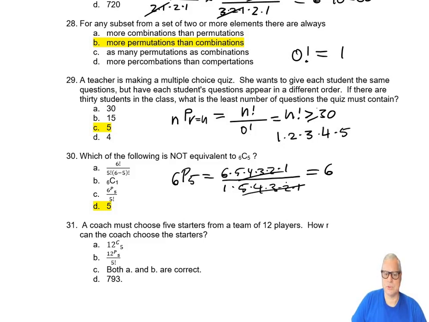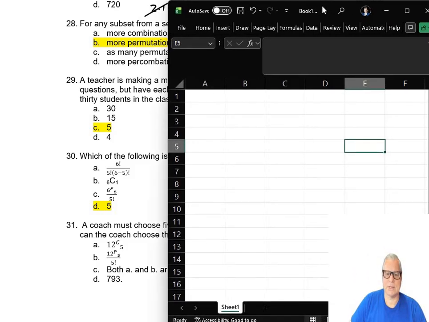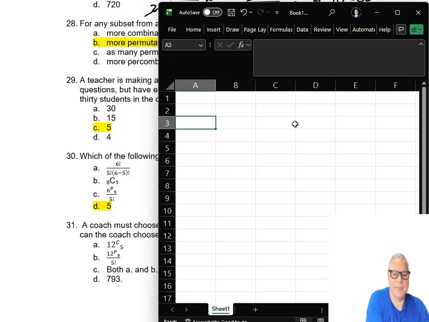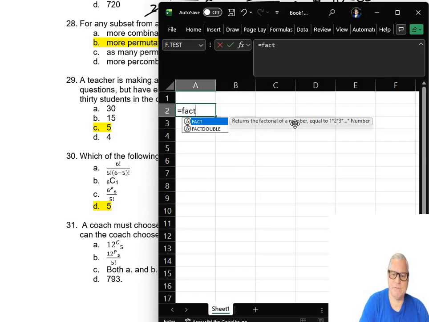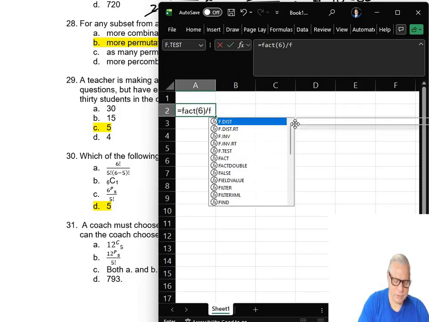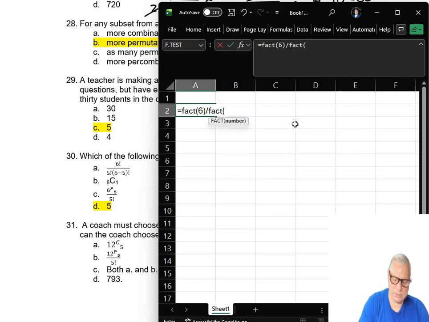Let me quickly do that in Excel too. Let's start with A. The good thing is we can also use the function FACT. FACT of 6, divided by FACT of 5, and FACT of 1.